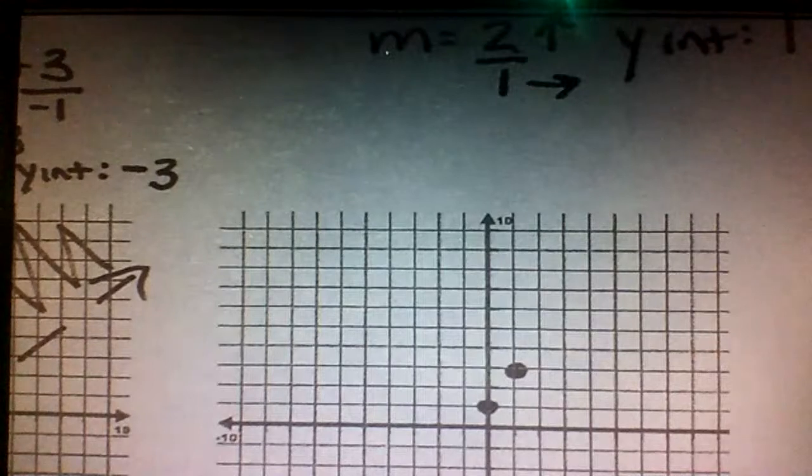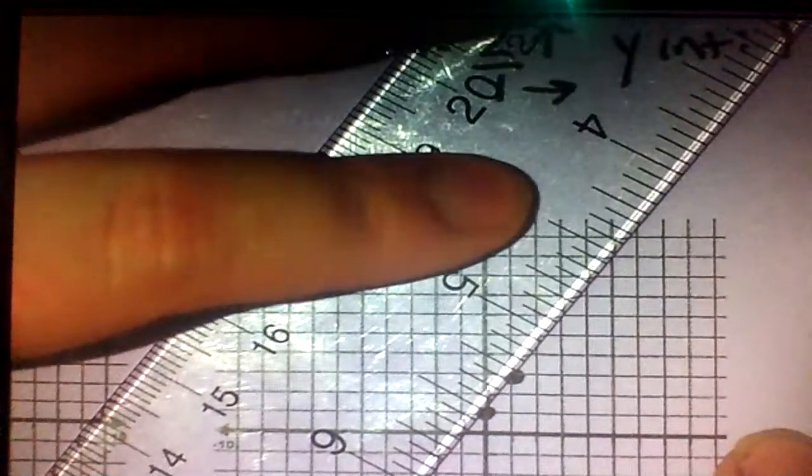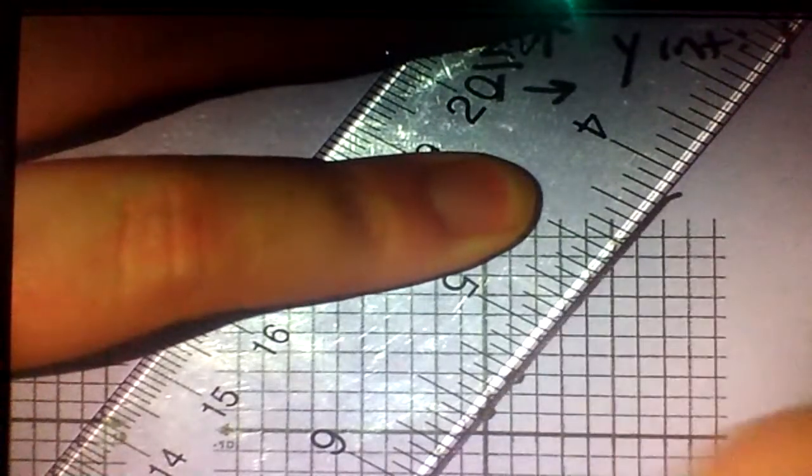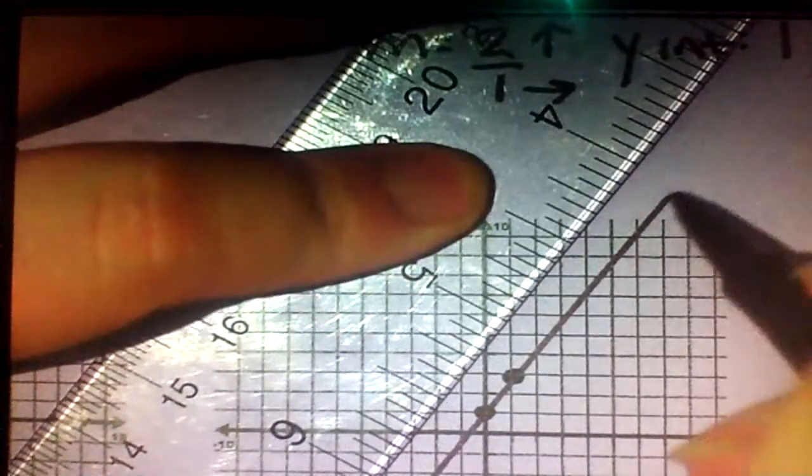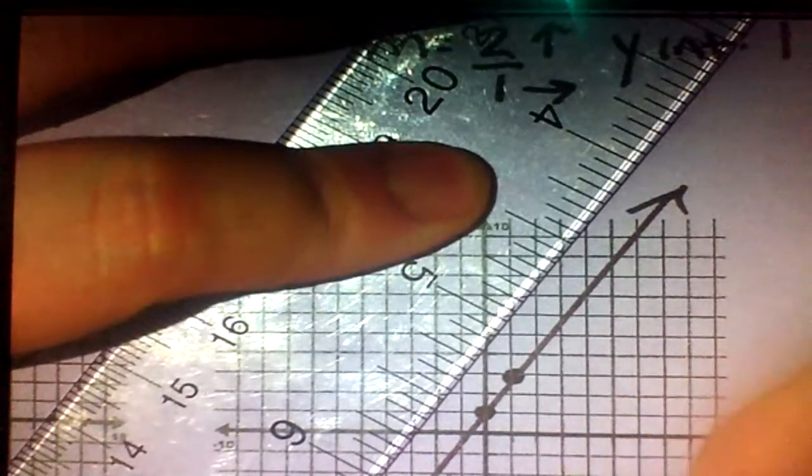This one is going to shade below. This one is less than. You still pick up the solid line. This one is below. And it should be solid. Okay? It's less than or equal to, so you need a solid line. And this one shades below.